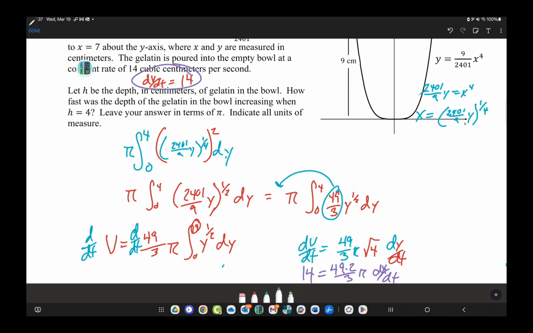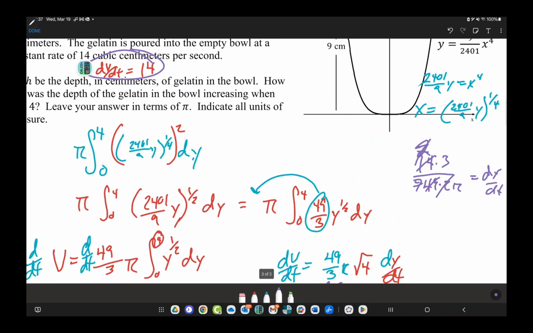So that's going to give you 14 times 3 over 49 times 2 pi equals dy/dt, which reduces by 7, 2, 7, 2. So 3 over 7 pi is equal to dy/dt. It seems pretty straightforward, right?